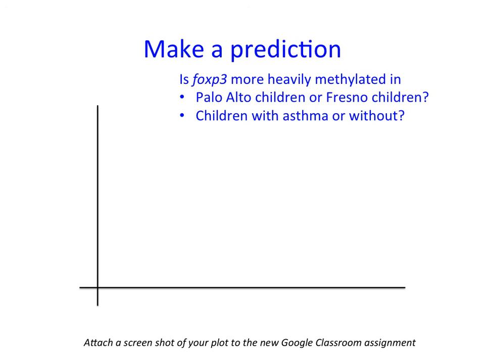Okay, so if we're measuring FOXP3 methylation, what's going to be on the y-axis? What label should we put there? So, what about FOXP3 do you want to put on there? The protein. Number of methyl groups in the promoter, or fraction of, pardon?